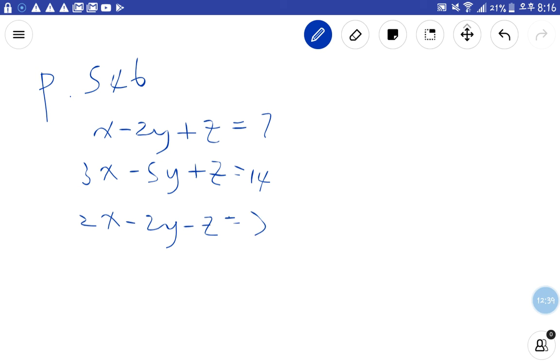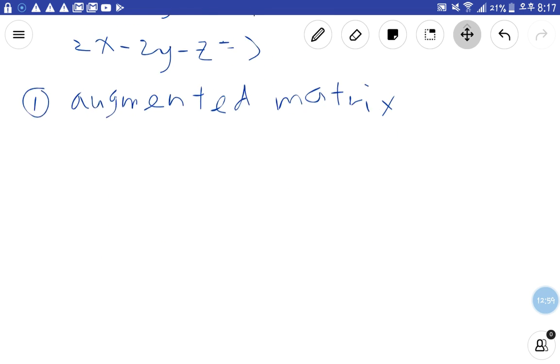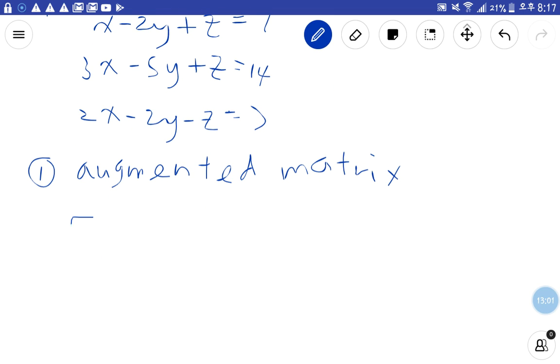First, the vocabulary is the augmented matrix. The augmented matrix is where we pull out all the coefficients, including our right side. So what I got here is 1, -2, 1, and 7 is going to be here.